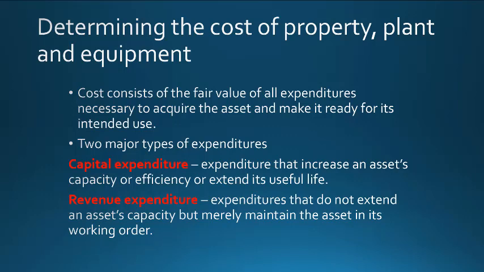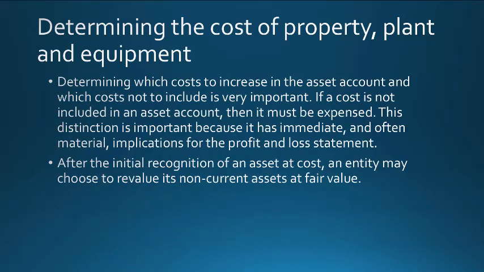Okay, determining which cost to add to the asset account and which cost not to include is very important. If it is capitalized, it will add up to the asset, and the expense will be allocated over periods. While if it is charged as expense or revenue expenditure, it will be an outright expense. If you don't distinguish it properly, it will affect the profit or loss statement.